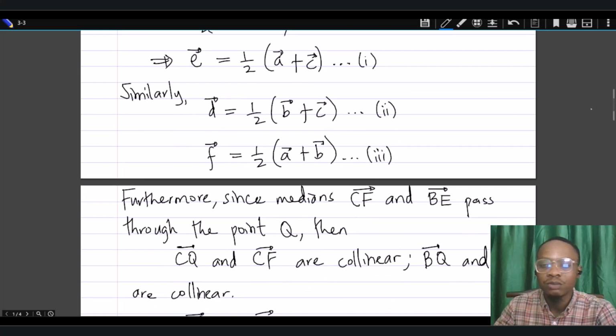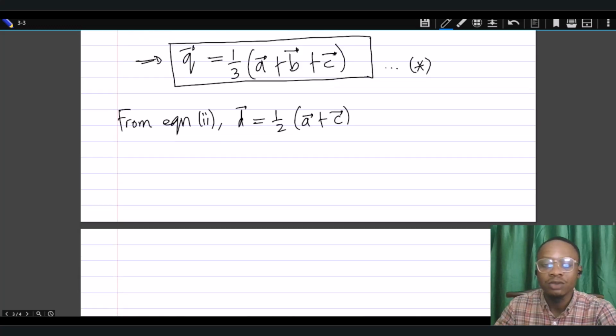So this is 1 over 2 into B plus C. Let us correct that. So if we multiply both sides by 2, this means 2 multiplying the vector D will be equal to B plus C.